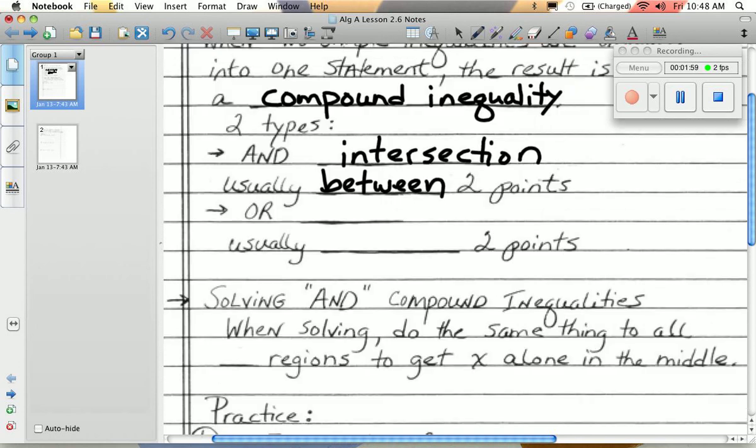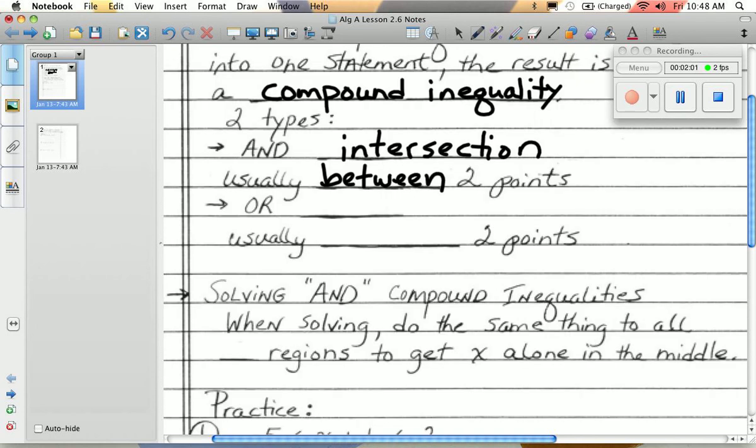The other one is called an OR. That is a union. In other words, we're putting the two of them together, but it can be either one or the other. So we have kind of like a big pot to choose from. Our solution can come from that solution, or it can come from the other one's solution.